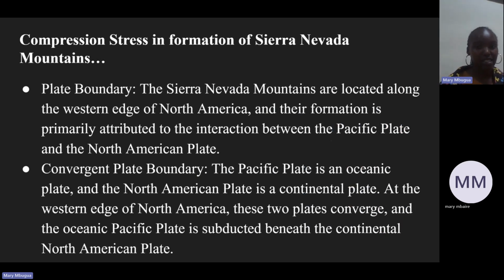As I stated earlier, the Sierra Nevada mountain range is located on the western side of North America, and it is attributed to the compression that happened between the Pacific and the North American plate that resulted in the formation of this mountain range.